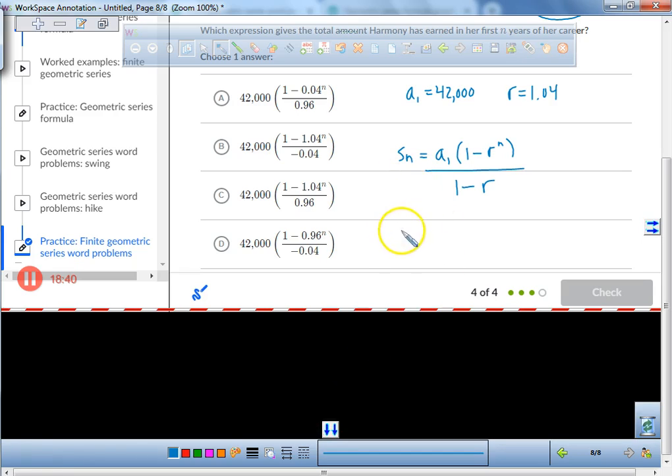So she starts out with 42,000. That's what I'm looking for. Then we have 1 minus 1.04 to the power of n, all over 1 minus 1.04.